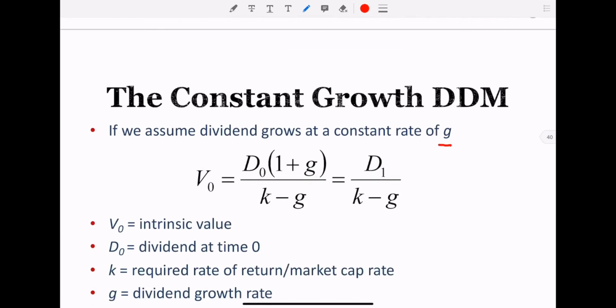Essentially, it says that if you tell me D1, that is the first future dividend, and if you tell me K, that is the market capitalization rate or the cost of equity, and then if you give me the growth rate, I could tell you what is the intrinsic value. You can see that this is a simple model because you only need 3 inputs, and after getting your 3 inputs, you can get your intrinsic value.